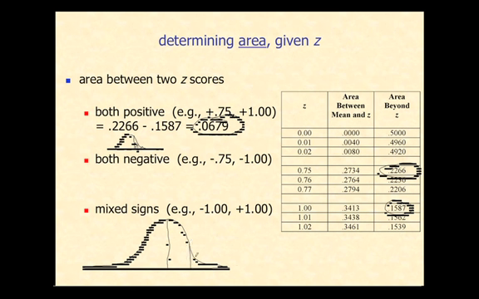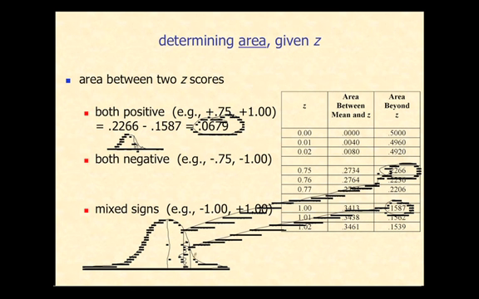Here we have plus 1.00. So there's our 0.75, that's this first line, and then the second line here, plus 1.00. We know from over here that the area beyond 0.75 is 22.66%, but that includes all of this. We only want to know about this area right in here. And so we need to take the area that is beyond 1.00 and subtract it, get rid of this, from this total up here. And that leaves us with this, 0.0679.